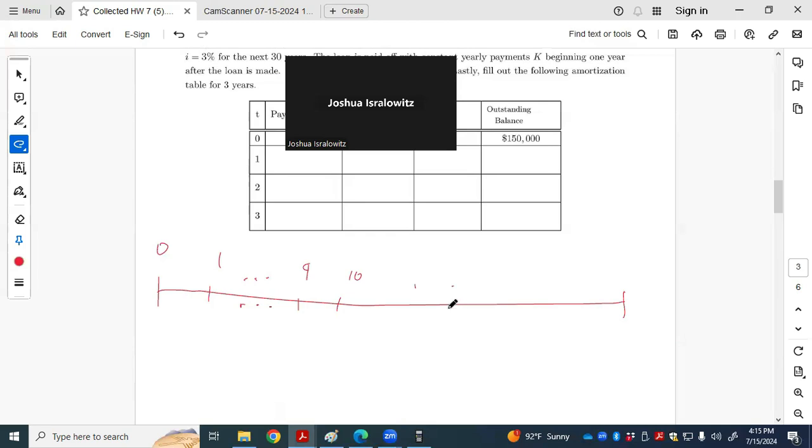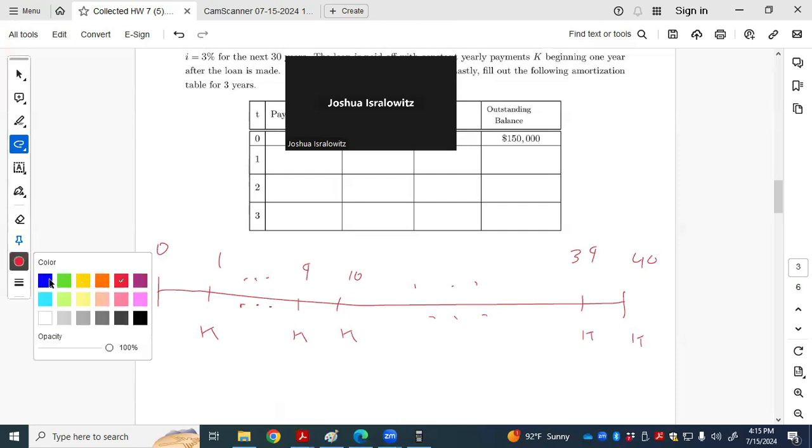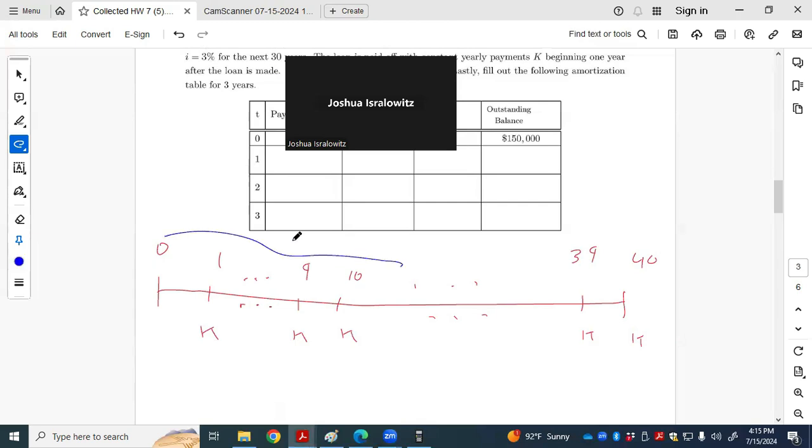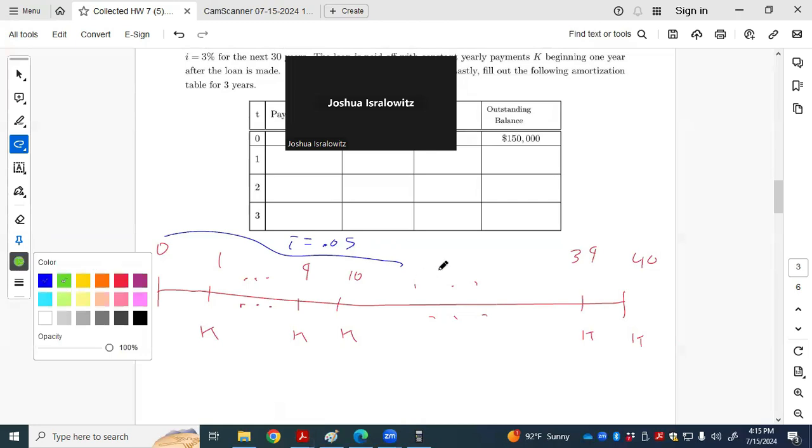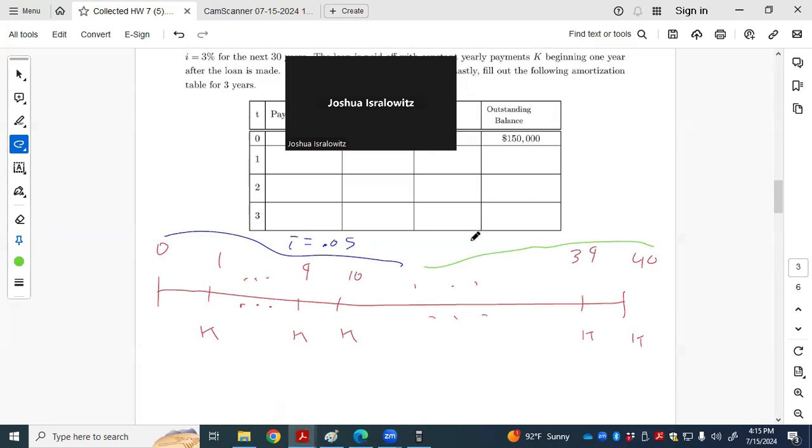So last one, don't really need it, but these are all okay. All right, so here 5%. And I'll do, I think I did green before, so I'll do green here.